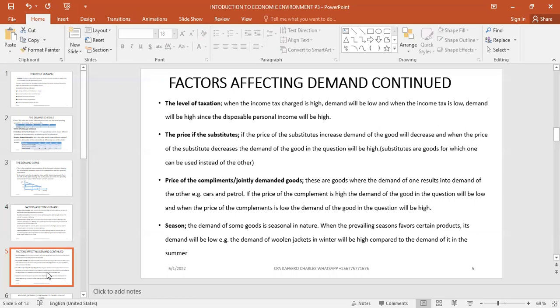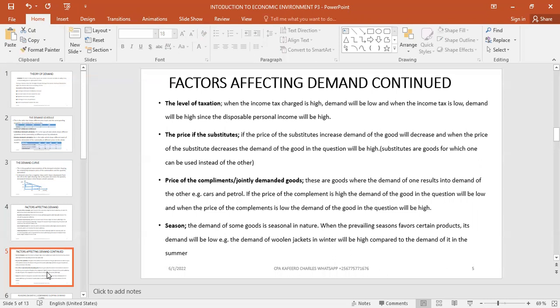Because when they are charging you the income tax, there are also other statutory deductions charged on someone's salary, like the National Social Security Fund and others, those contributions which the employee is submitting to different organizations. So when someone is charged highly in terms of taxes, we expect that they are going to be left with a small disposable income, which will lead to a low demand.